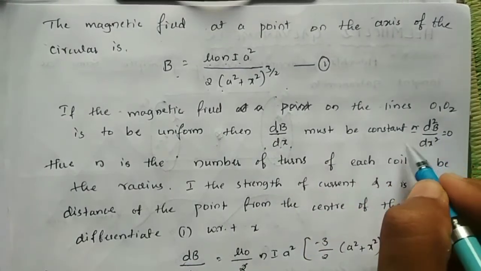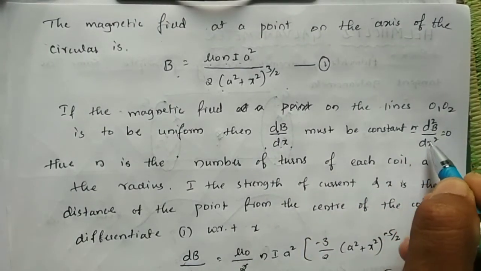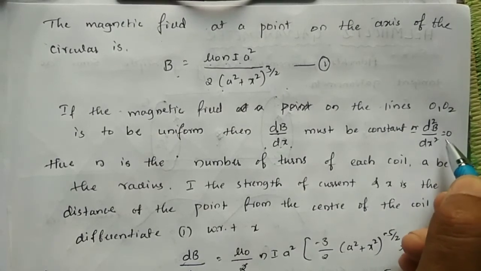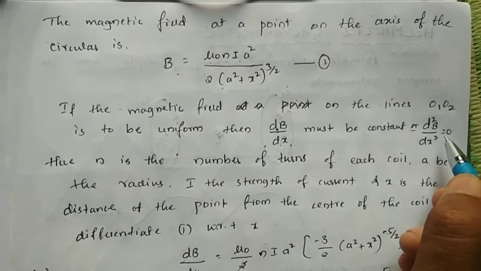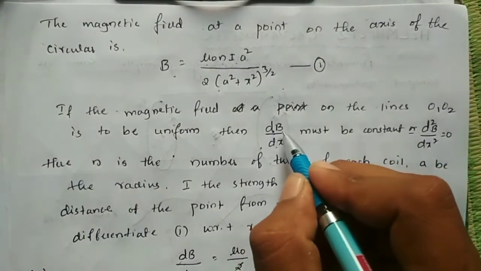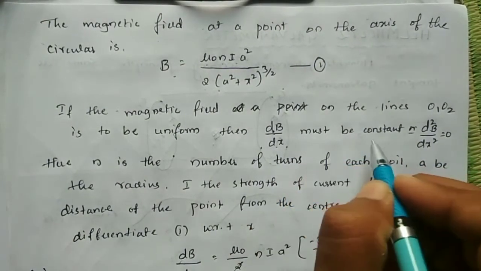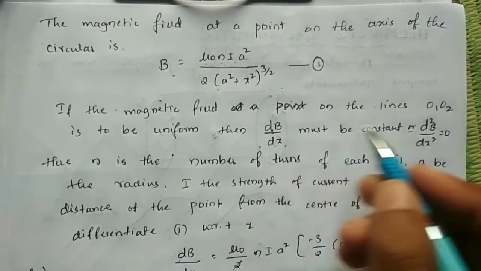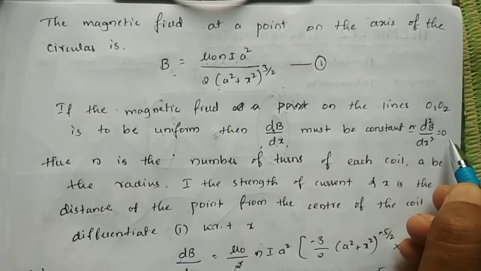Then d square B by dx square equals 0. Differentiating again, you will get 0 equal to 0.